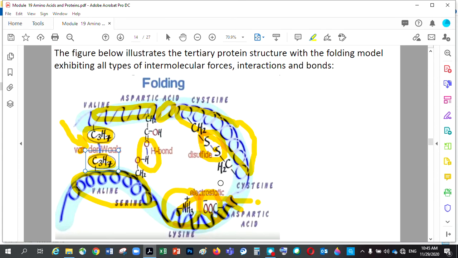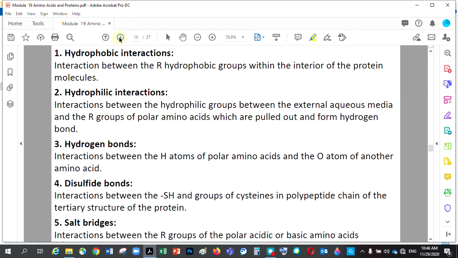If you have an alcohol group here, and there is another alcohol group here, we'll have a group of the hydrophilic as well. Two alcohol groups coming together, correct? And they are hydrophilic, polar.